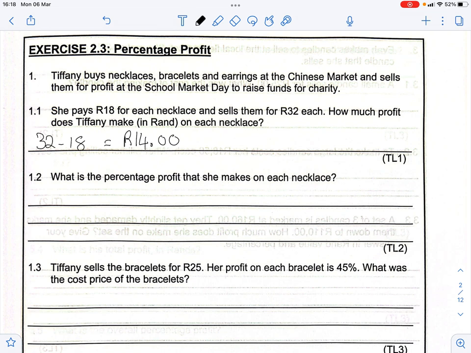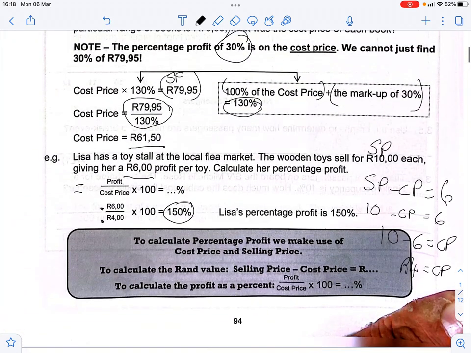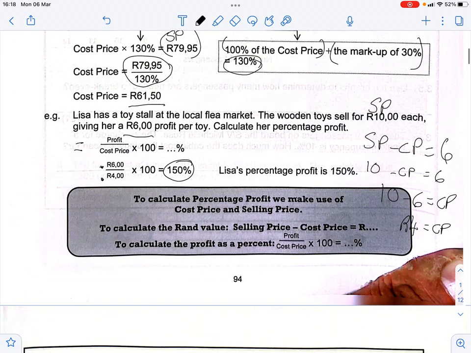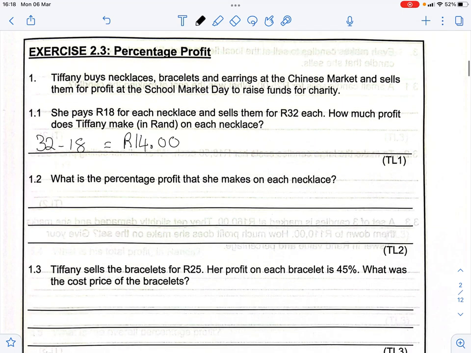Alright, then the next one, what is the profit or percentage profit that she is making? And we go back up to our formula. We take our profit over cost price multiplied by 100. So we know that the profit is 14 Rand over the cost price, which is 18 Rand. And we multiply this by 100 to get it back to a percentage.